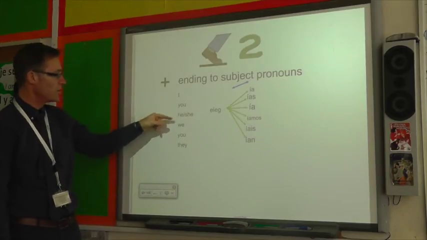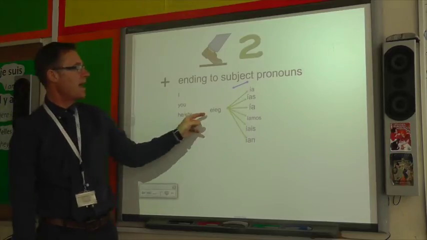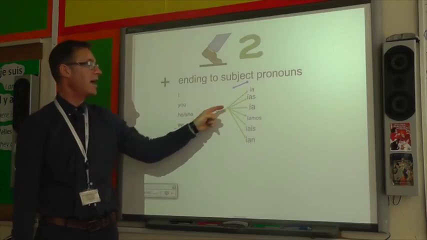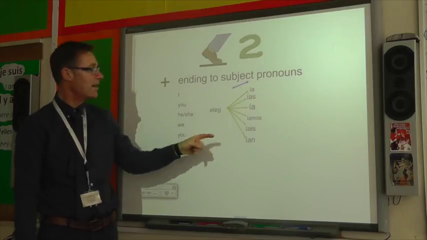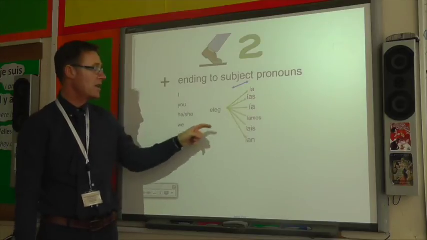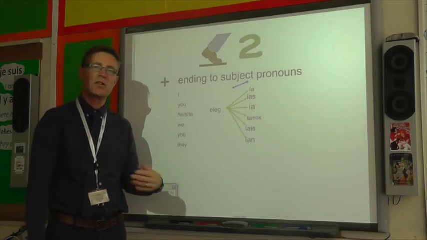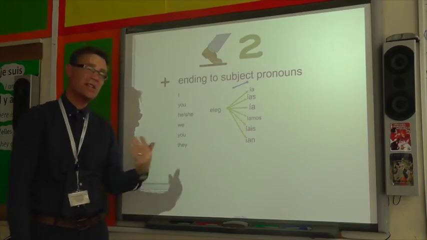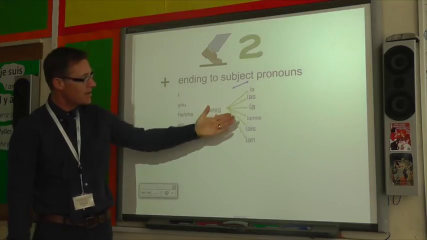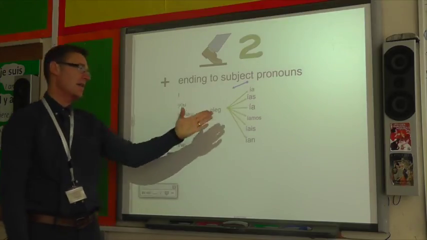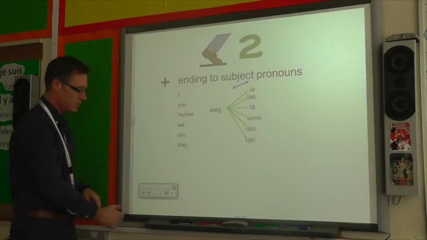So I, you, he, she, we, you, and they again. Elegía, elegías, elegía, elegíamos, elegíais, elegían. So that's the same format. The process is exactly the same, but we're just adding six different endings to our root word.